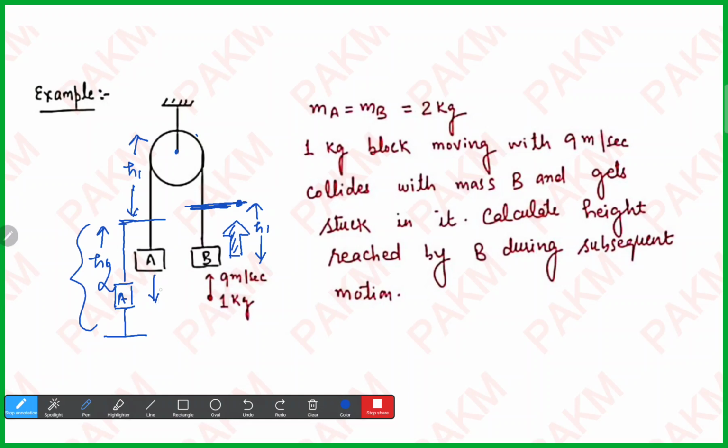But since the mass of A is less than the mass of B, once A and B move together there is some common acceleration, so that is a retarding motion.